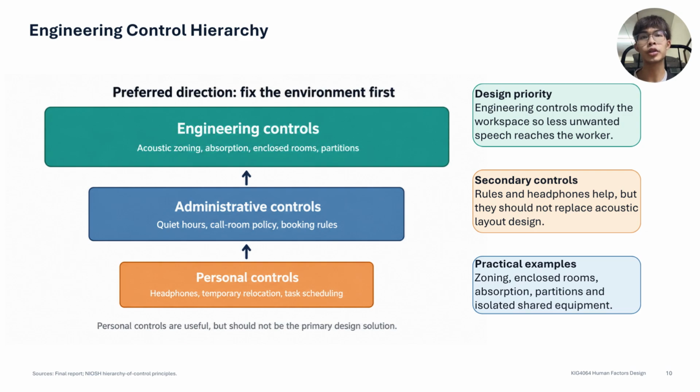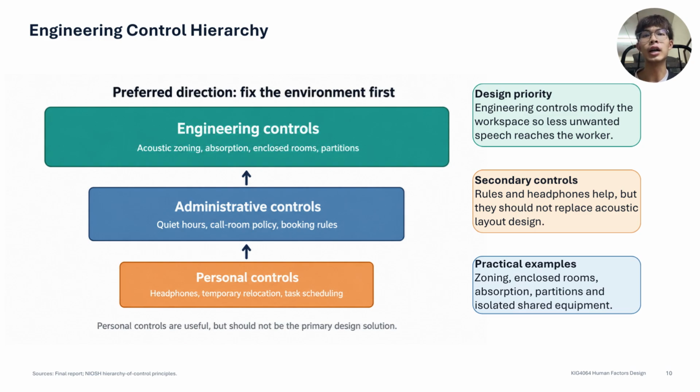The preferred approach is to fix the environment first. The engineering controls are the strongest because they modify the workplace itself. The examples include acoustic zoning, enclosed meeting rooms, phone booths, absorptive materials, partitions, and isolating printers or shared equipment.